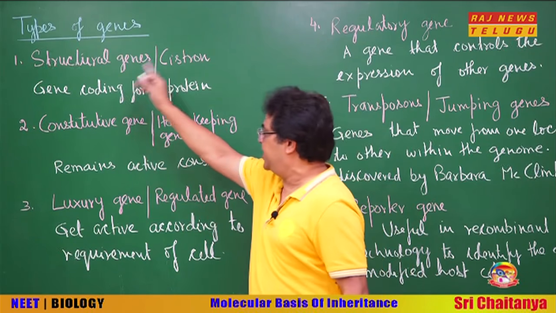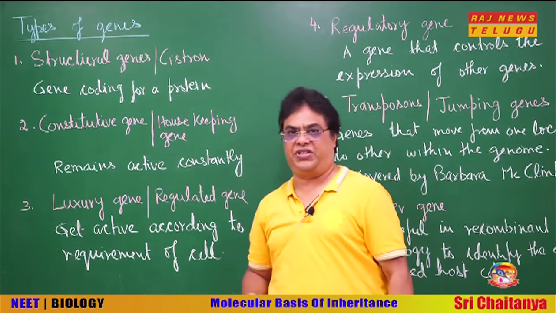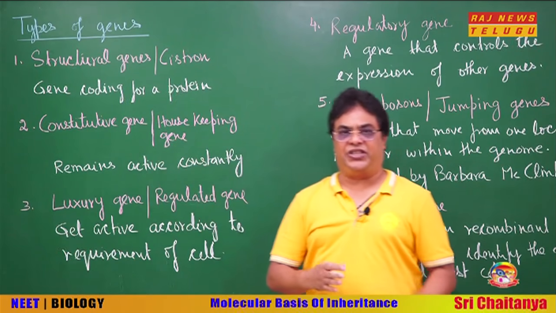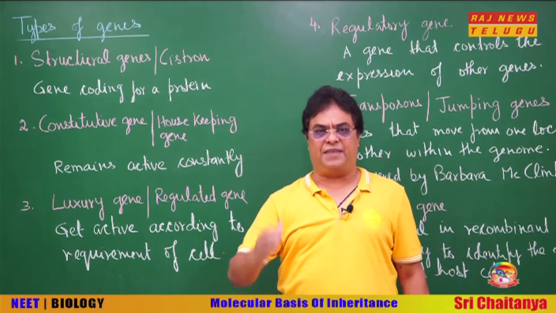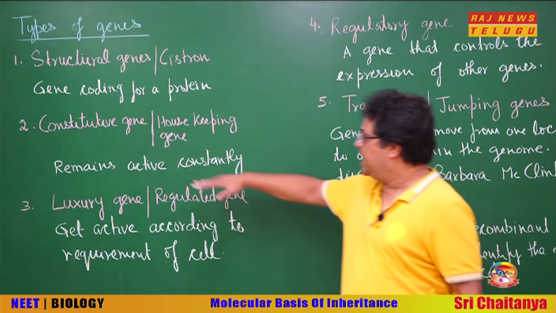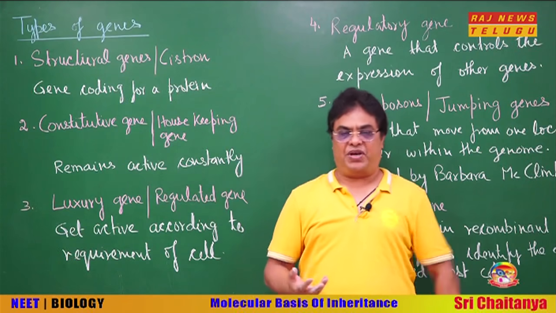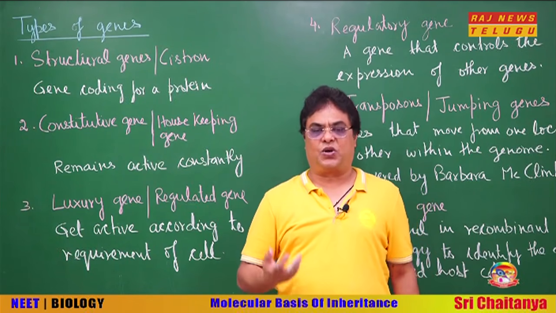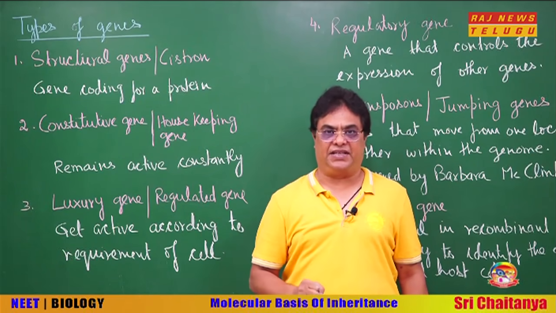So, structural gene. Next is constitutive gene or housekeeping genes. These are the genes that are always active. They always keep on synthesizing their product. That is why we have said they remain active constantly, because these genes code for such products that are constantly required by the cell.